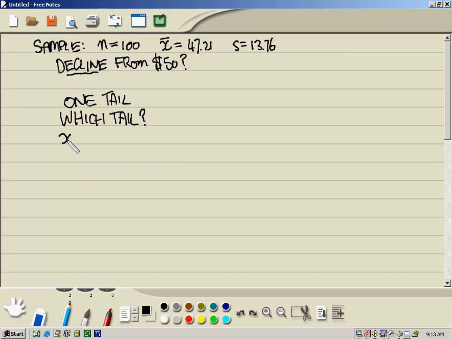The easiest way to handle that is to write down your sample information, X bar 47.21, and compare that to the 50, and clearly it's less than the 50. So the Z-calc that we will work out later will be negative, and we want a negative critical Z value. So clearly we're doing a lower tail test.